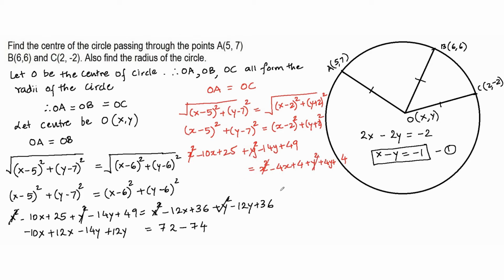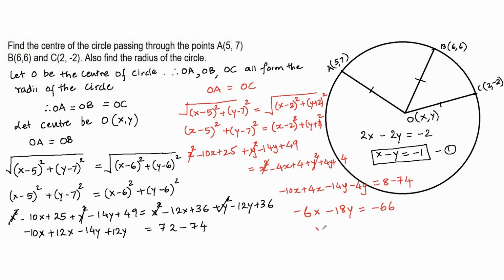So I get negative 10x plus 4x and negative 14y, negative 4y is equal to 25 plus 49 is 74. When you shift it to the other side, it becomes negative 74. So we get 8 minus 74. This becomes minus 6x. So minus 10x plus 4x is minus 6x. Minus 18y is equal to 8 minus 74 is minus 66.